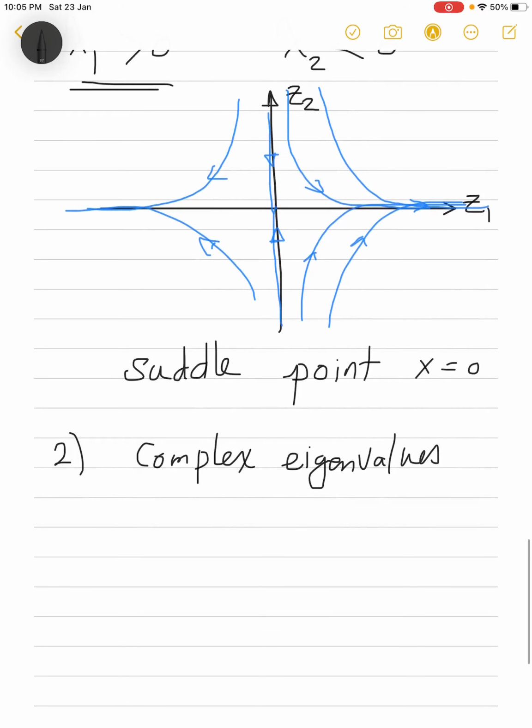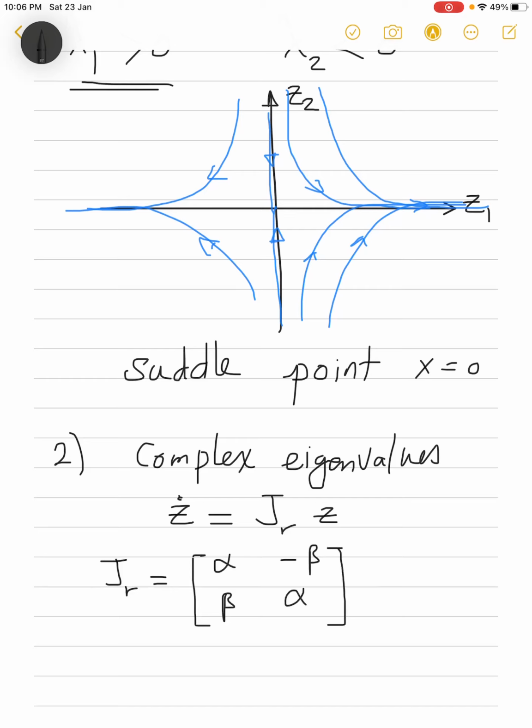In that case, as we mentioned, we can write the second order system in the form of the real Jordan matrix times the state vector z, and here we have the Jordan matrix to be alpha and minus beta, beta and alpha.